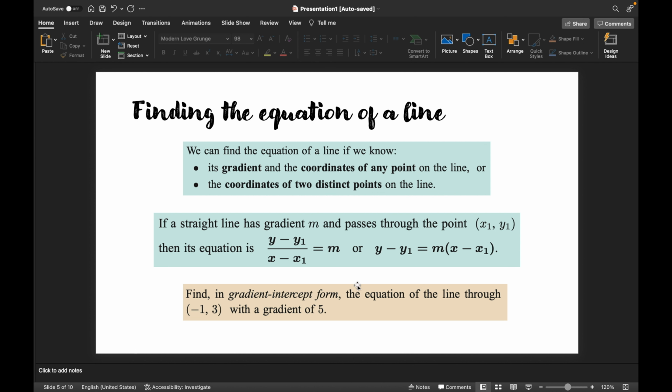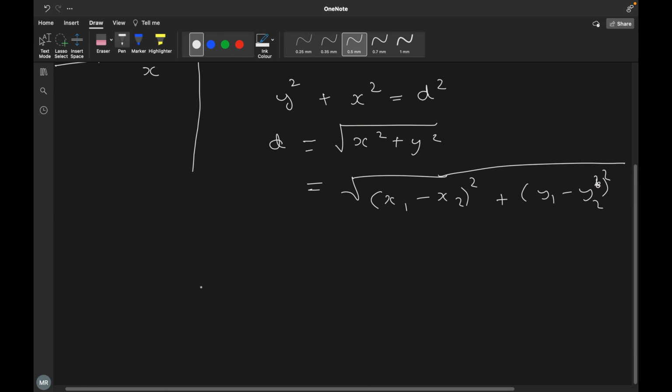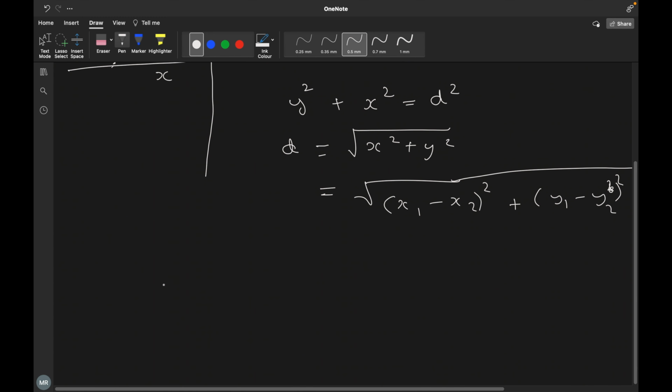So now let's work on this problem. Find in gradient intercept form the equation of the line through (-1, 3) with gradient 5. So let's do that. Okay, so this is what we have, and gradient 5.